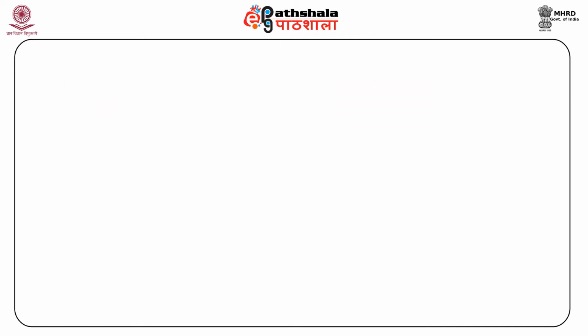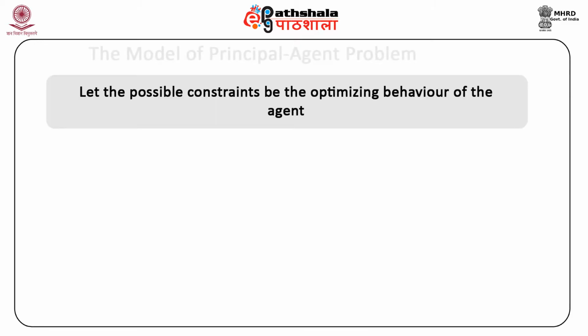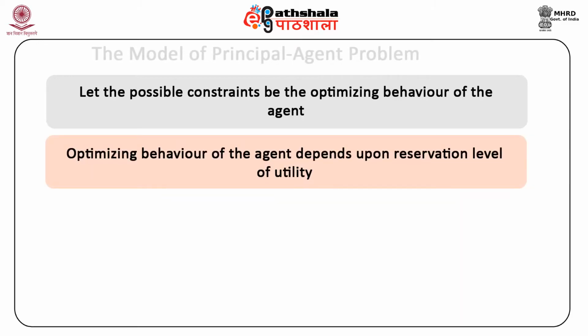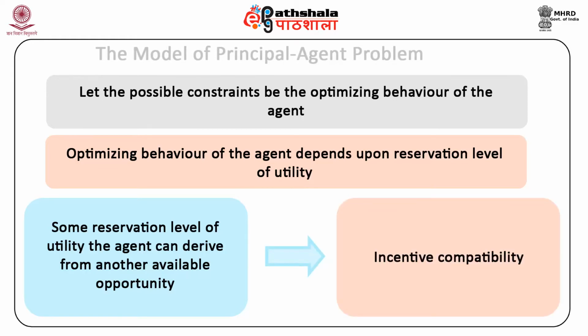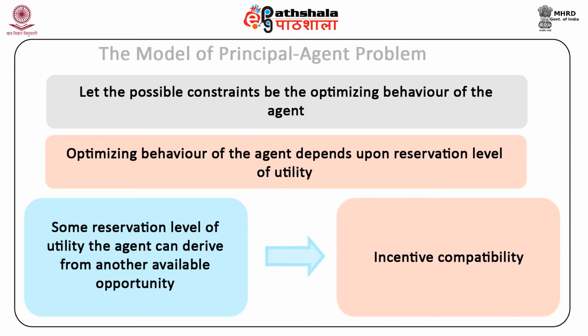Now the principal will try to maximize his utility by choosing a function S(·) which will be subject to certain constraints. Let the possible constraint be the optimizing behavior of the agent. The optimizing behavior of the agent depends upon the reservation level of utility that the agent can derive from another opportunity, and incentive compatibility, from which the utility the agent derives should be over and above the reservation level of utility.